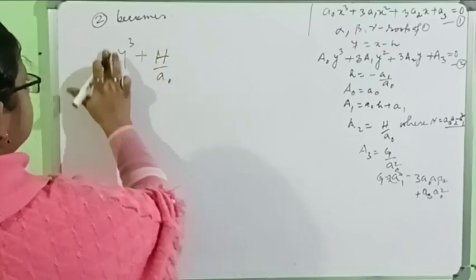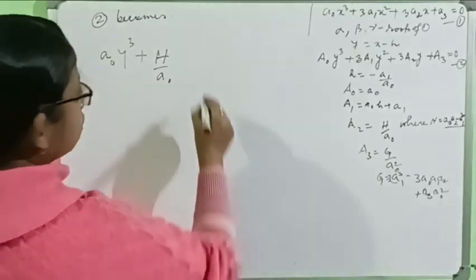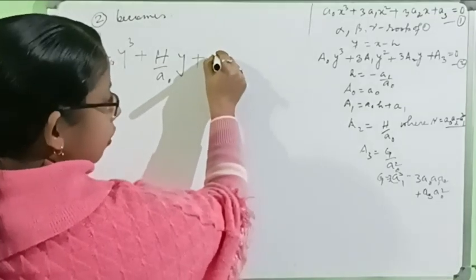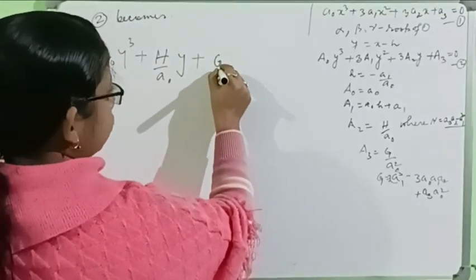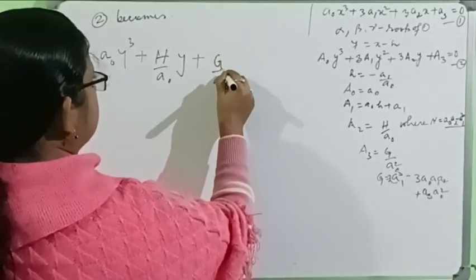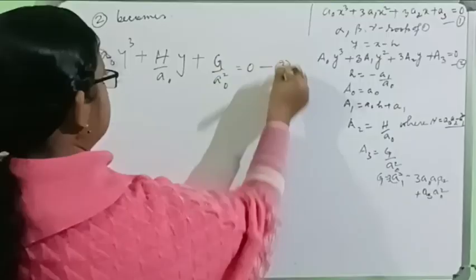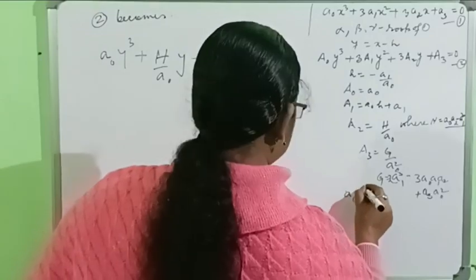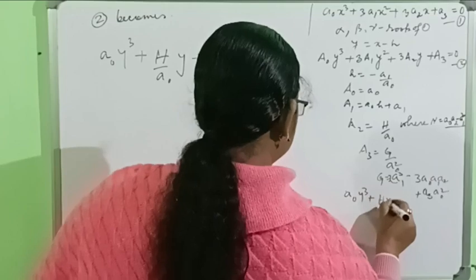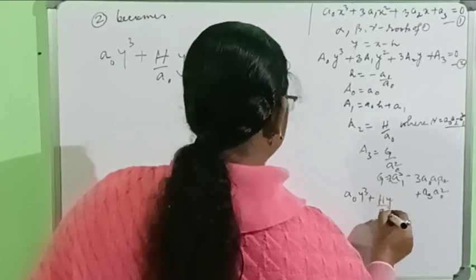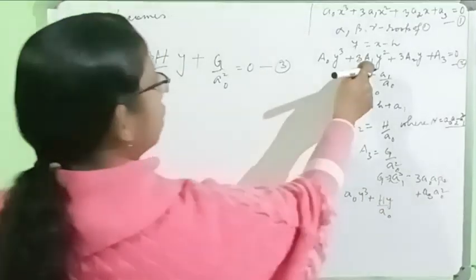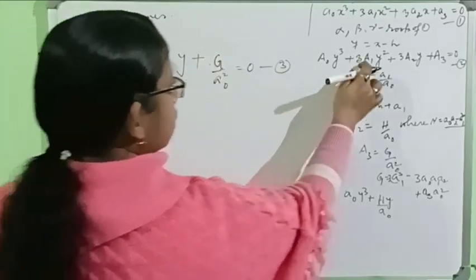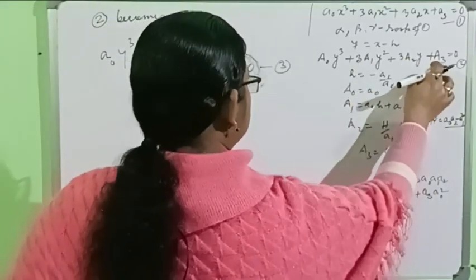Here a naught is my small a naught, then y plus a3, where a3 is my z by a naught square, and this is equal to 0. Write the equation 3: a naught y cube plus h y a naught. This 3 will come, and here this will be 0.